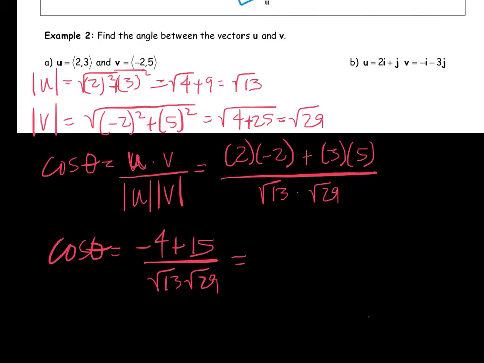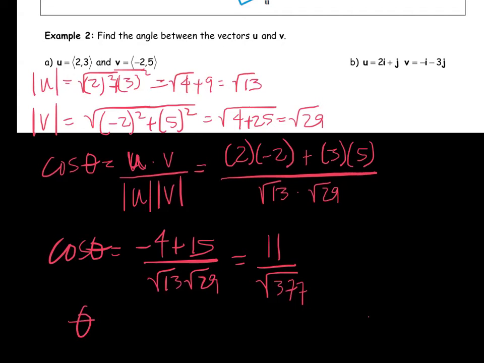This would be 11 over, I'm actually going to figure out what 13 times 29 is: the square root of 377. Multiplying radicals, you just multiply the numbers underneath.